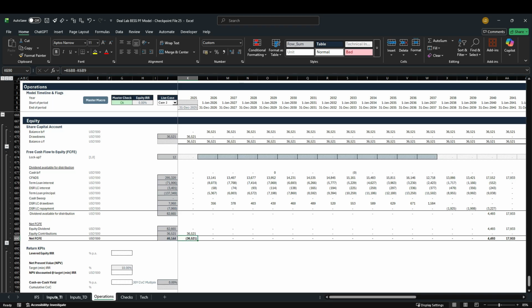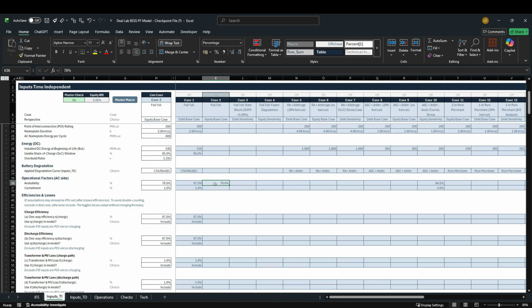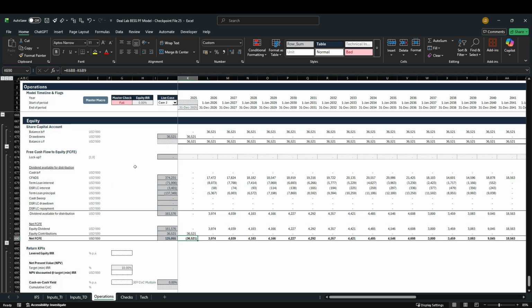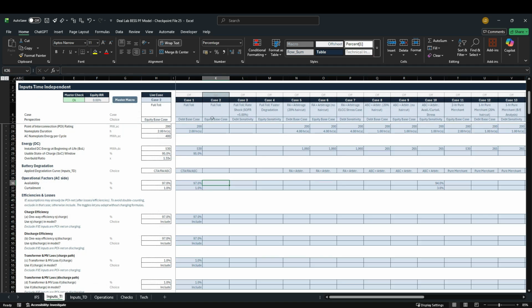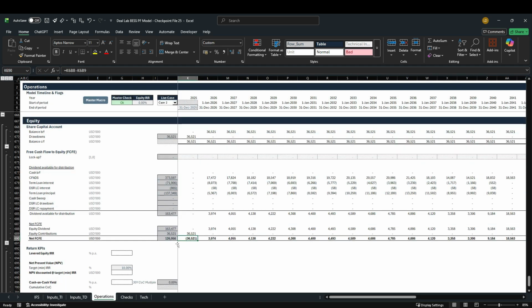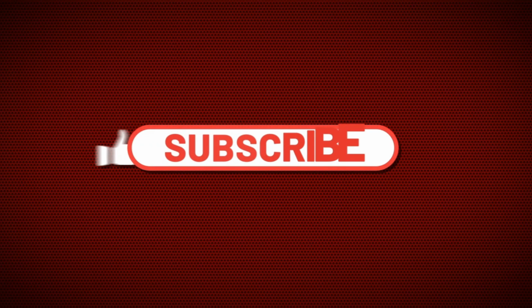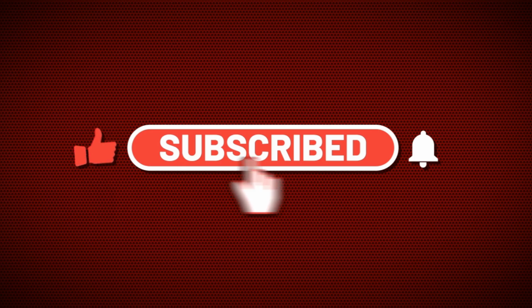This is obviously a stress case, so let's actually delete this availability reduction right here. Go back to the operations sheet, hit the master macro, and you will see that in the base case, live case 2, which is an equity base case, we actually expect to put in 36 million, get out dividends of 163.4 million, which leads to a net free cash flow to equity of 127 million over a period of 20 years.